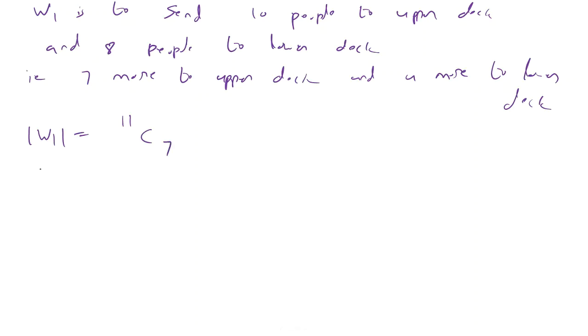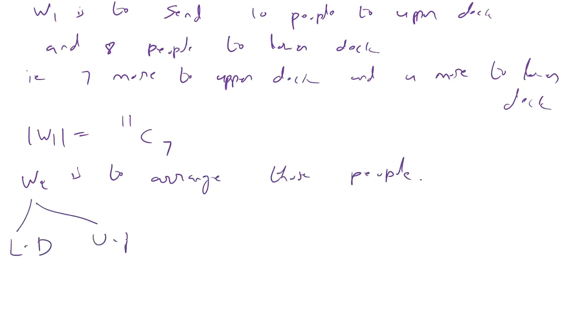Now W2 is to arrange those people. In this W2 also we have two things, the lower deck and the upper deck. In the upper deck we have 10 people, in the lower deck we have 8 people.